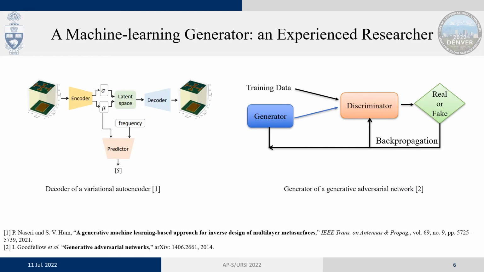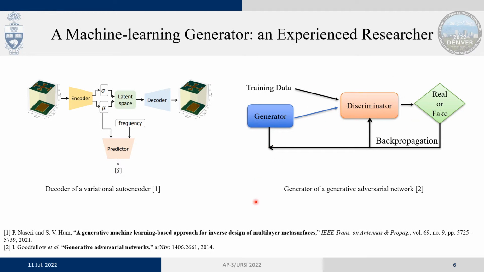In general, there are two generative machine learning methods that can train a generator. One of them is a variational autoencoder composed of an encoder and decoder. We used this method before for the inverse design of multi-layer metasurfaces. The other one is a generative adversarial network, which is composed of a generator and a discriminator.